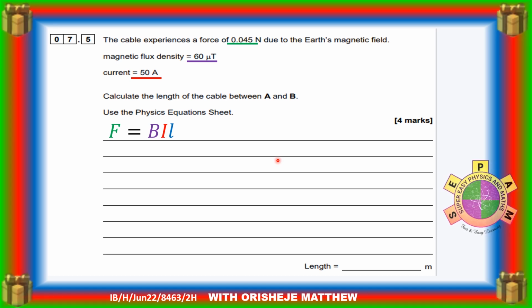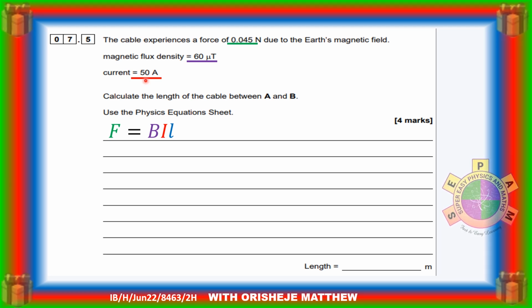So with the color coding, we already know the values. The force is 0.045 newton. Then the magnetic flux density B is 60. Then the current I is 50 amperes. So we are left with the blue component of this formula, which is the length. That is the next thing we need to do.